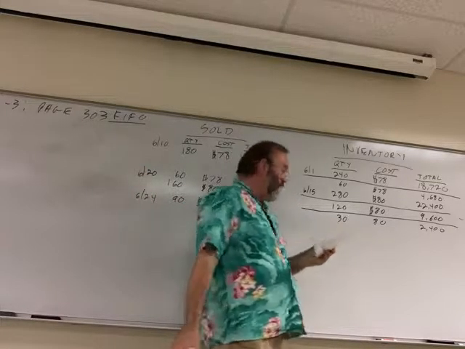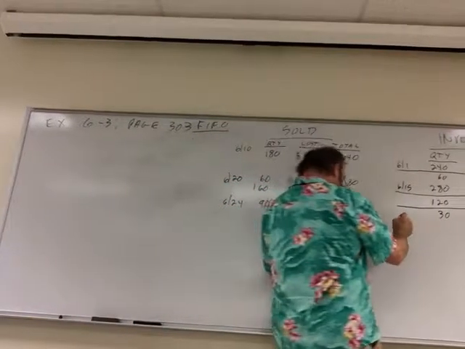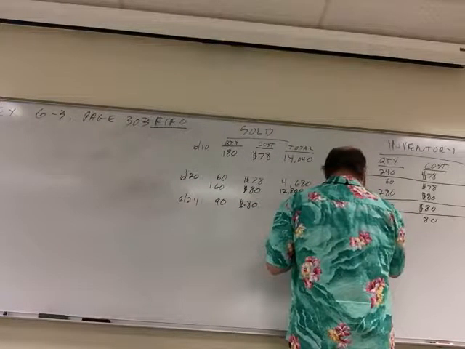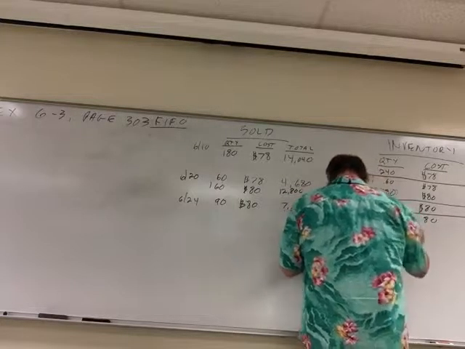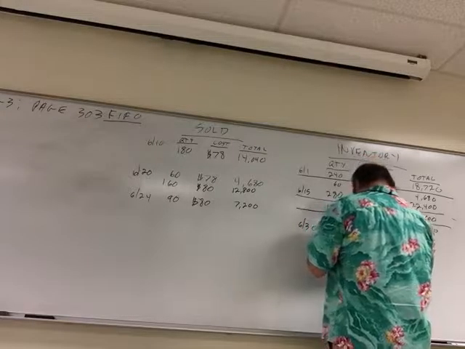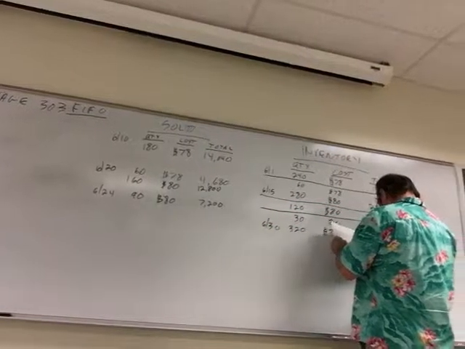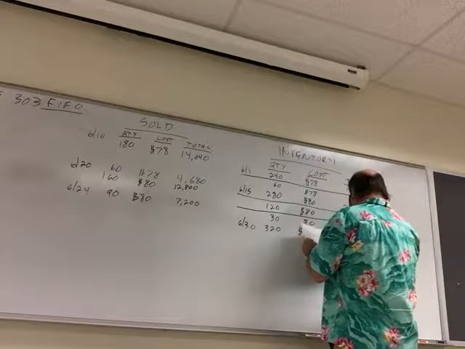We then buy another batch on the 30th. We buy 320. Now they're costing $86. And that is $27,520.